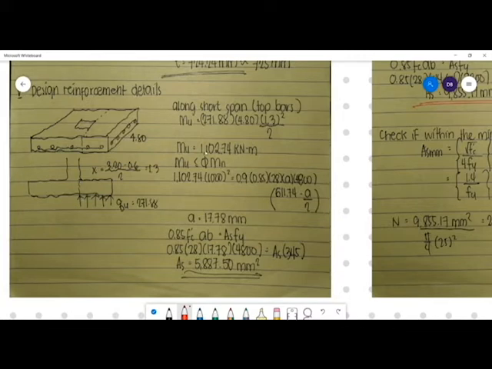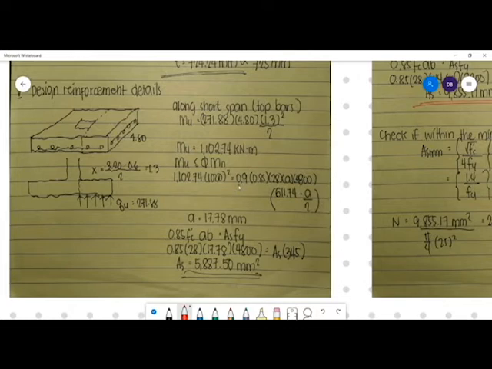Mu is equal to 1,102.24 kilonewton meter. Mu shall be less than or equal to phi Mn, the nominal moment. 1,102.24 times 1,000 squared is equal to 0.9 times 0.85 times 28 A.